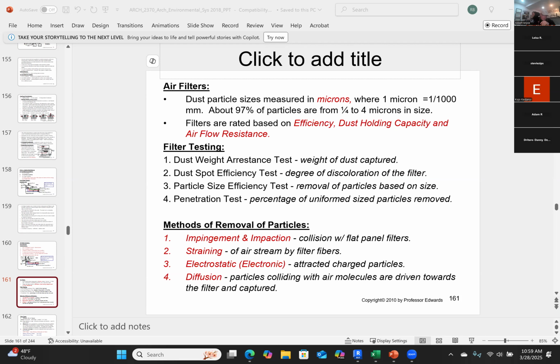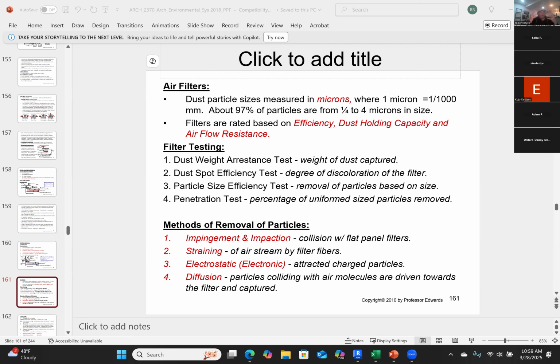You have filters attached to your faucets sometimes, which filter the particulates out of the water. You have filters in your heating system, where if you have a forced air system, you have the air flowing across the filter. As that air flows across the filter, what happens? It grabs and holds the particulates.